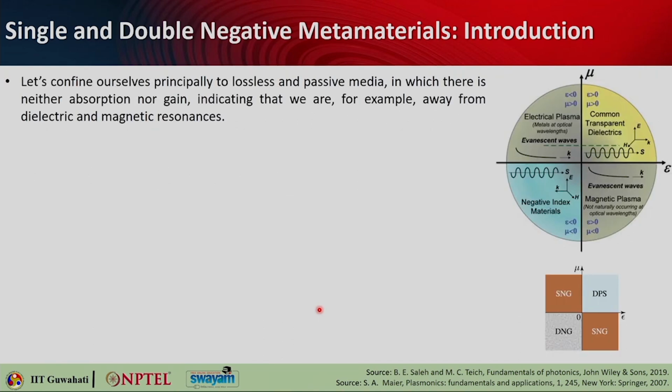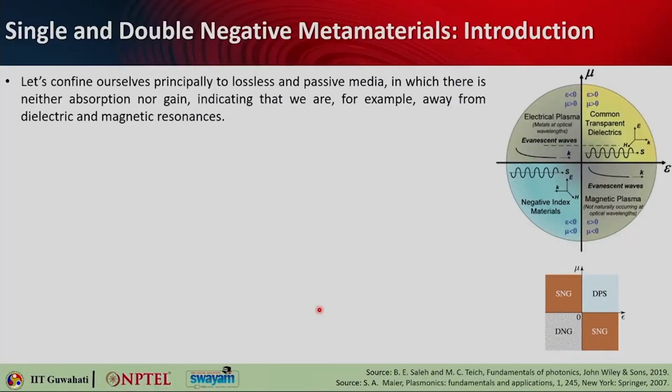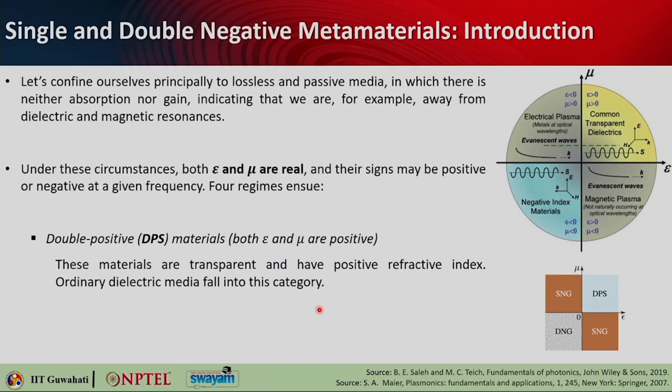So if you remember this epsilon mu diagram, that actually classifies all different natural materials and metamaterials, everything can be classified from this epsilon mu diagram. Okay, so if we confine ourselves mainly to lossless and passive media in which there is neither absorption nor gain, we are basically operating away from dielectric and magnetic resonances. Under these conditions epsilon and mu are real and their signs may be positive or negative.